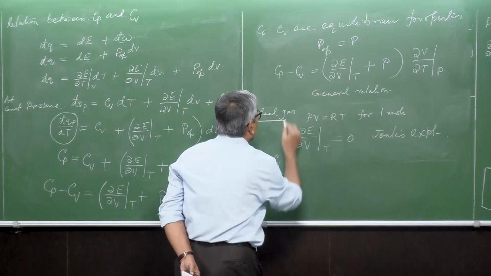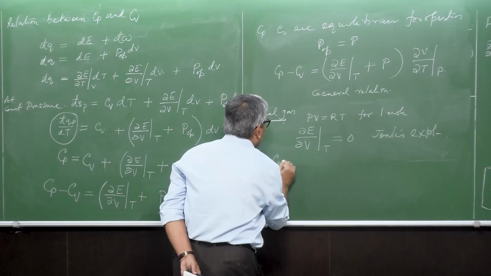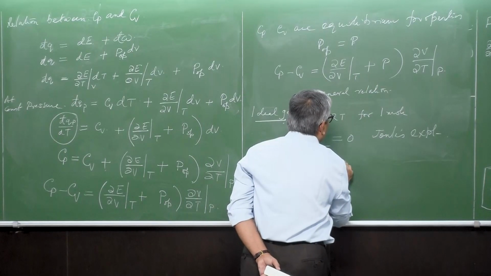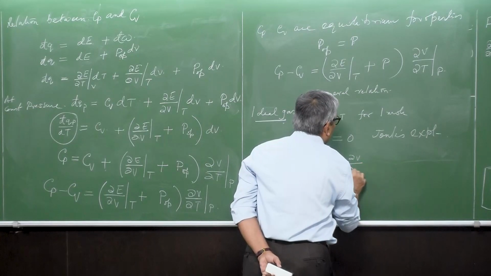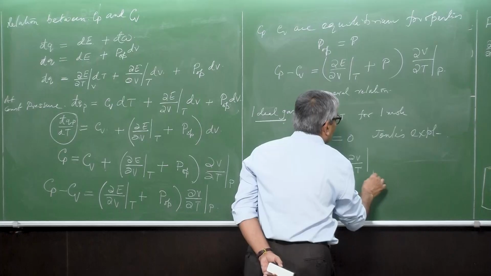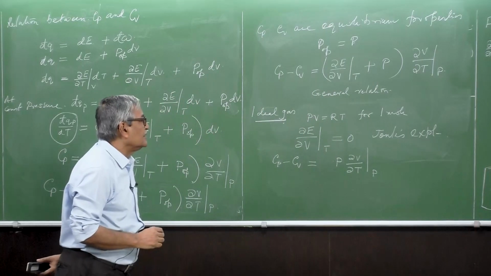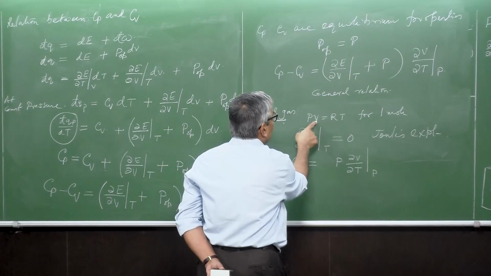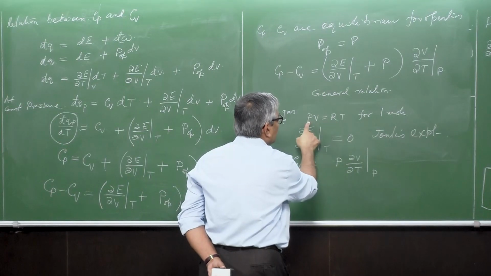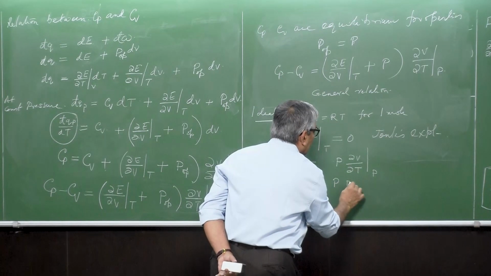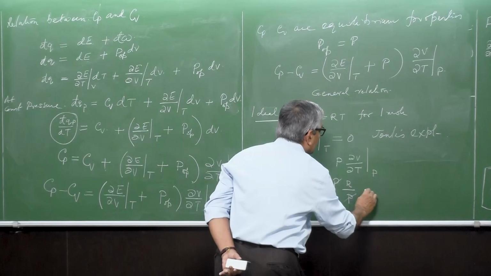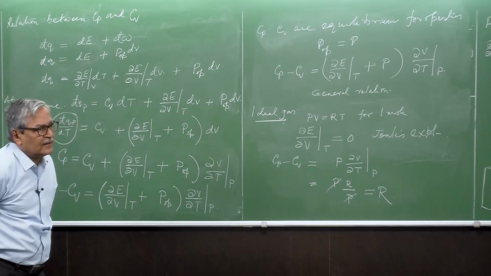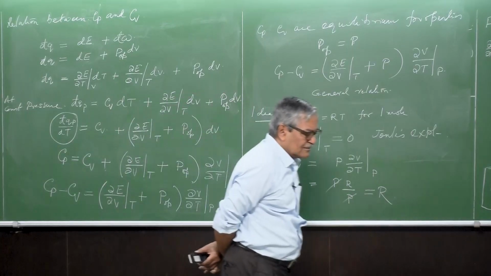This becomes simpler: Cp minus Cv equals 0 plus P times (del V/del T) at constant pressure. Differentiating V with respect to T gives R by P, so P times R by P gives R. So Cp minus Cv equals R is the celebrated relation.